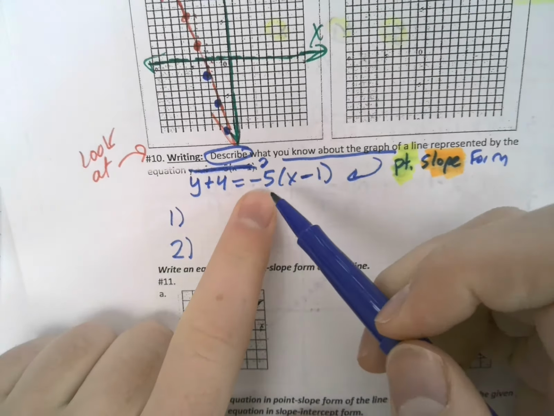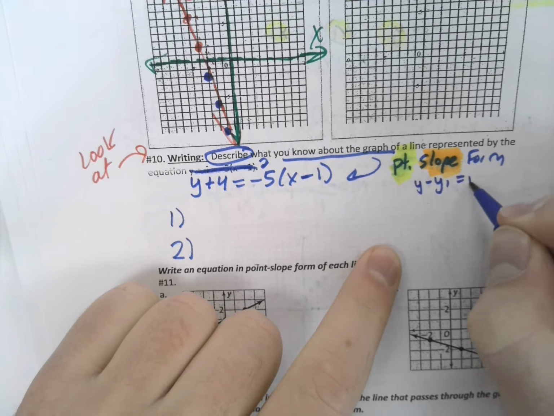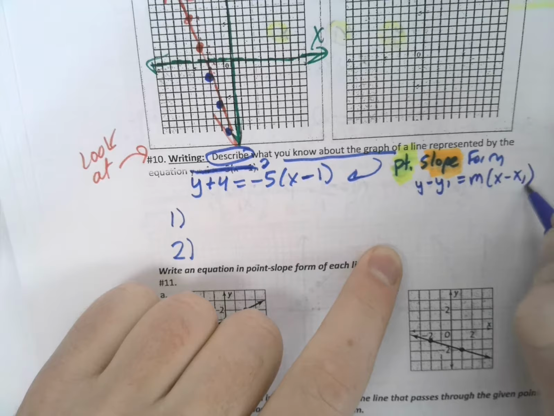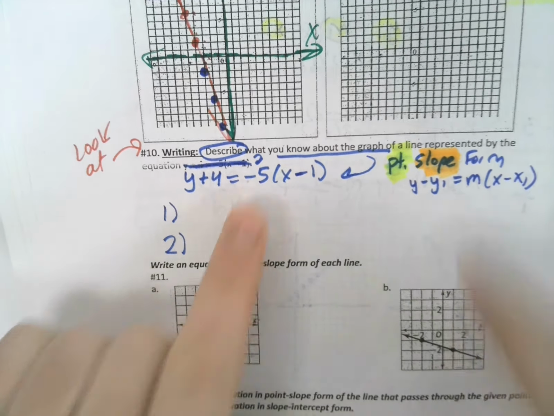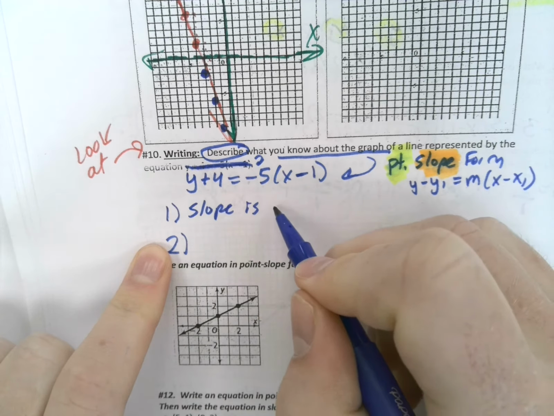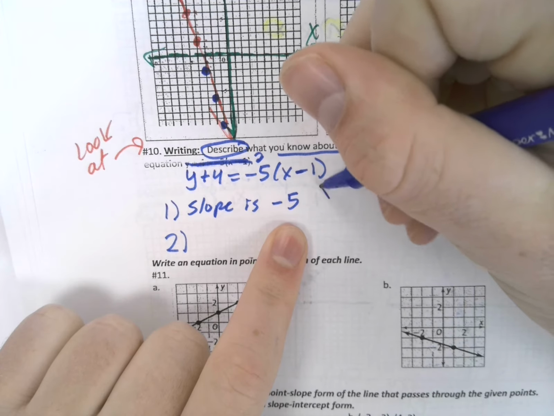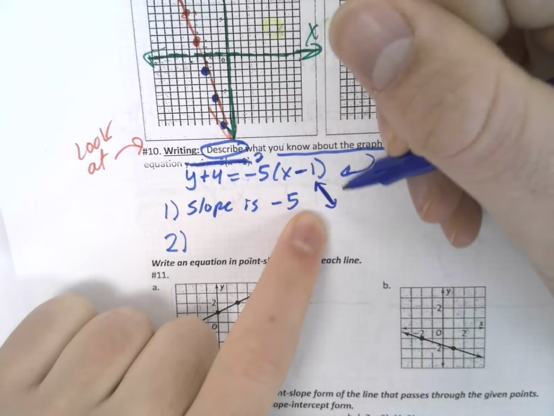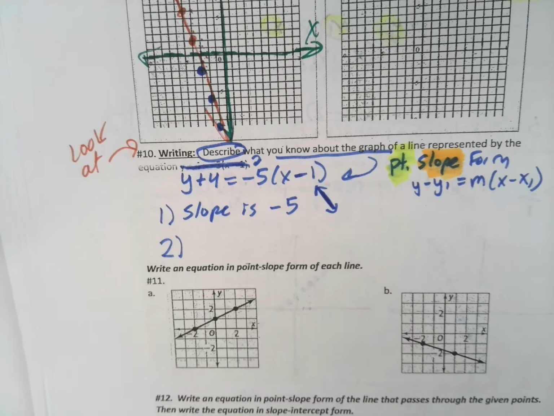So we look and we say, okay, point-slope form is y minus y1 equals m times x minus x1. M, right there. So our slope is -5. In other words, we got a line that's going pretty sharp downhill. We got a downhill slope, pretty big time.